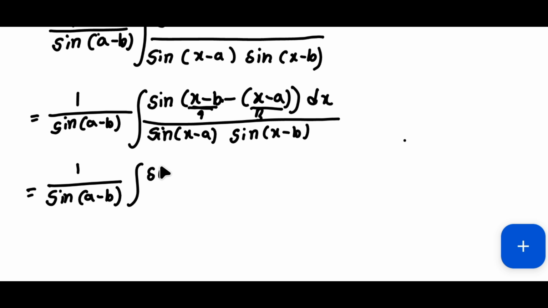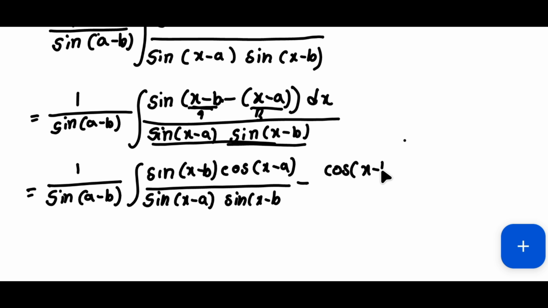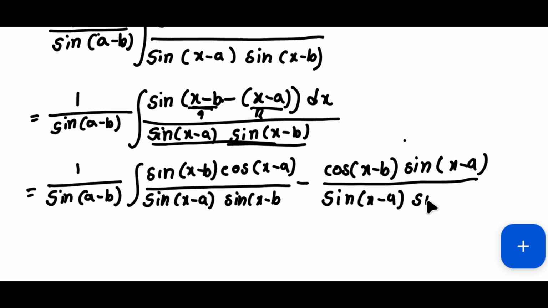Integral of sine a means sine x minus b, cos x minus a. Write the denominator for both terms separately: sine of x minus a, sine of x minus b, minus sine a cos b completed. Now cos a sine b, cos of x minus b, sine of x minus a, whole by the same denominator, here also sine of x minus a, sine of x minus b, whole dx.